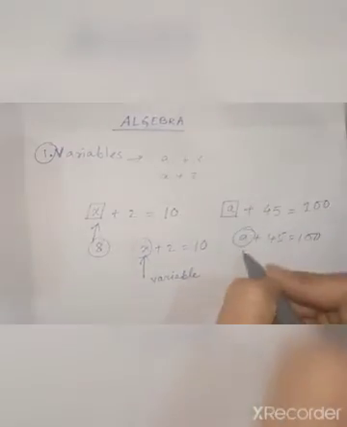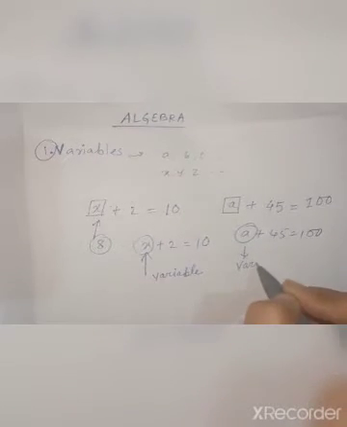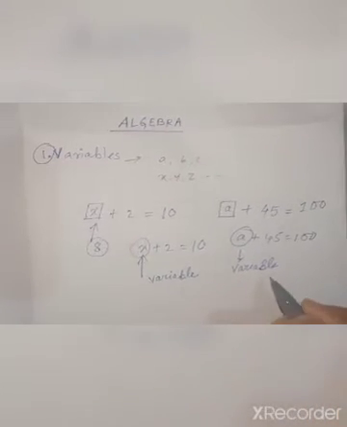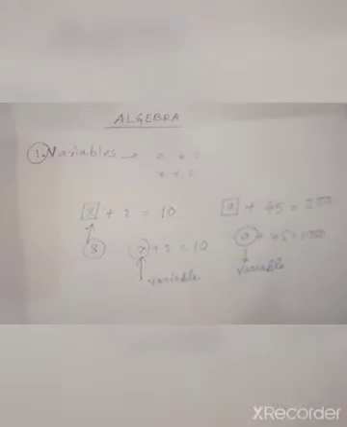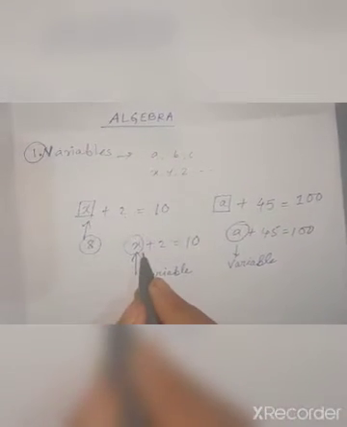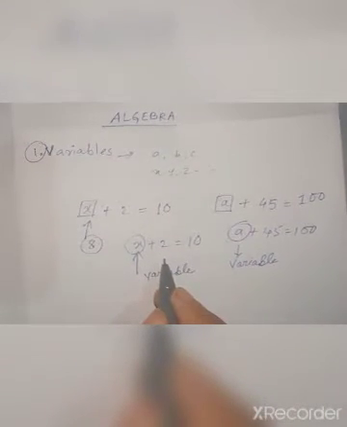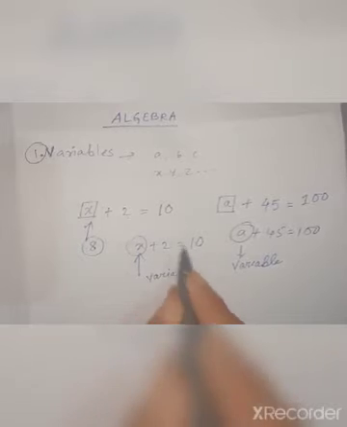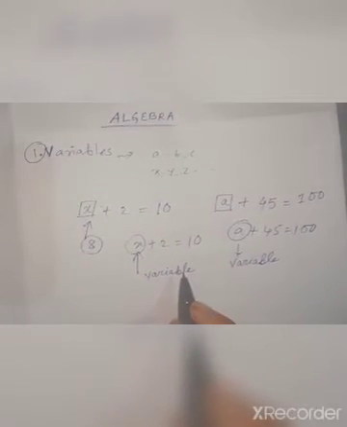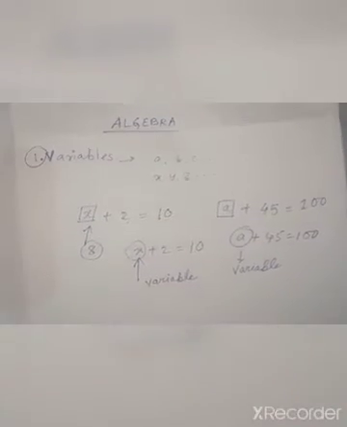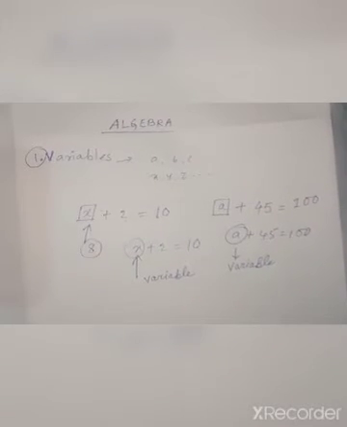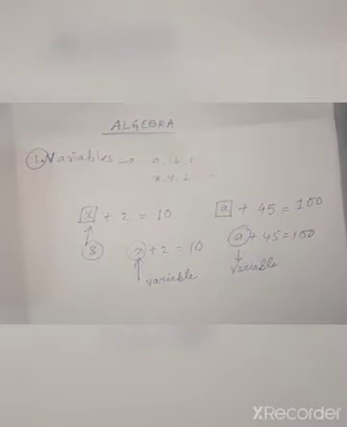So this A will be what? Variable. Okay, understand the concept of variable. Variable means any unknown value. Okay, we have to identify this variable with alphabet A, B, C, X, Y, Z as you wish. Okay, understand? So let's start the chapter.